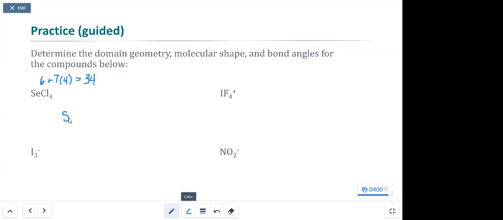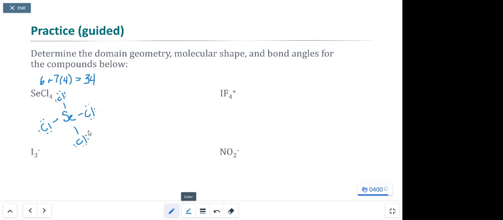So if we draw our simplest Lewis structure, single bonds out to everybody, and we fill out all of the octets for the chlorines, where we're going to end up is each one of these is going to be 8: 2, 4, 6, 8. 8 times 4 is 32.